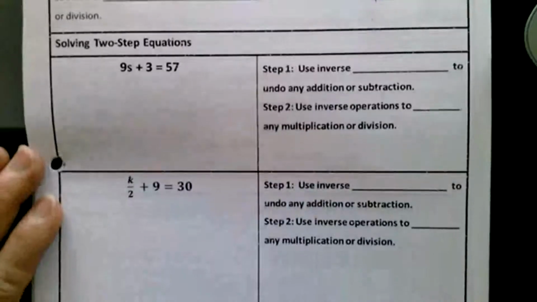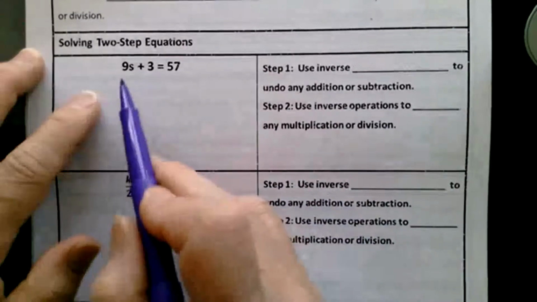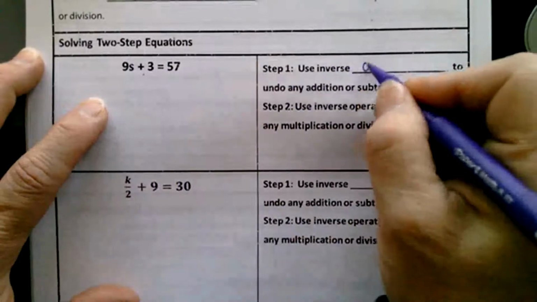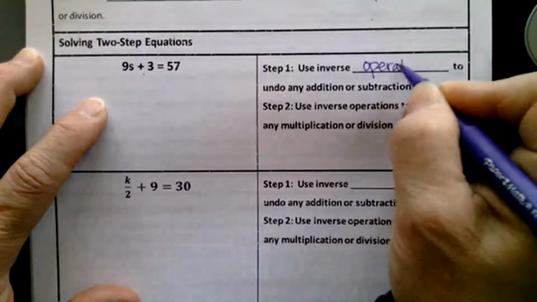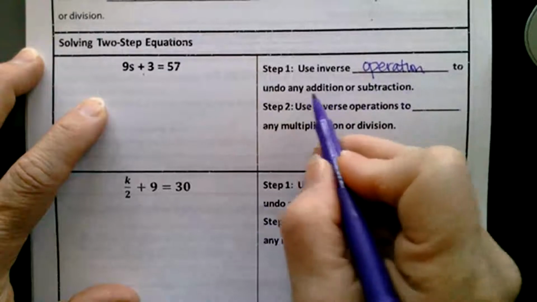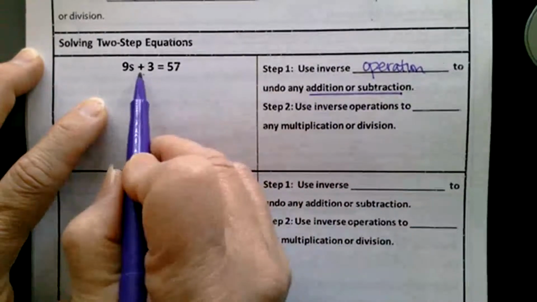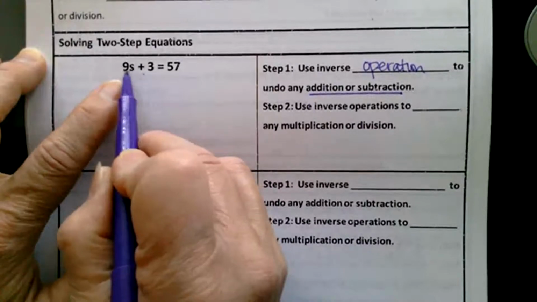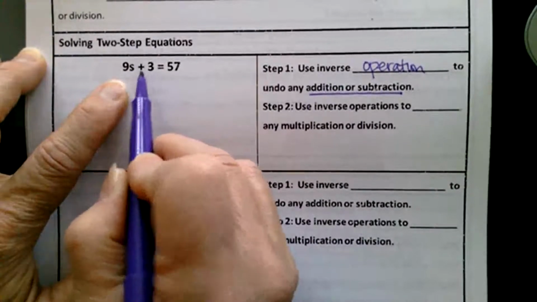So here are some examples. We have 9s plus 3 equals 57. First, we're going to use inverse operations to undo any addition or subtraction. Well, there's addition right there. I see that s is being multiplied times 9 and 3 is being added.